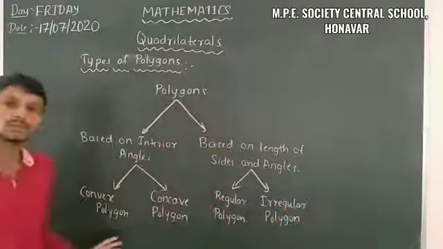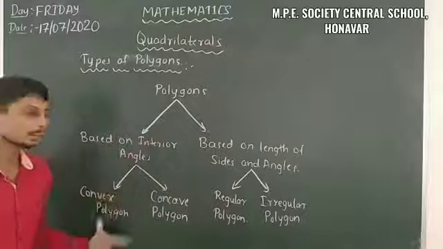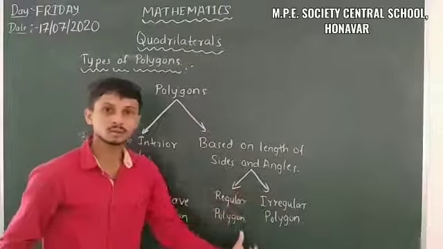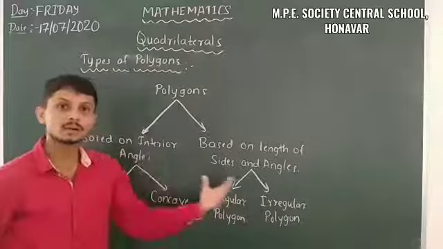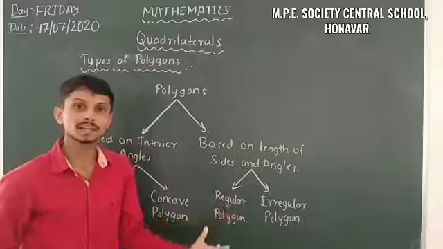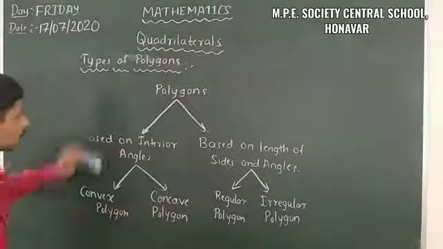So these are the four types of polygon. Let us take them one by one. Firstly I will explain the convex polygon.